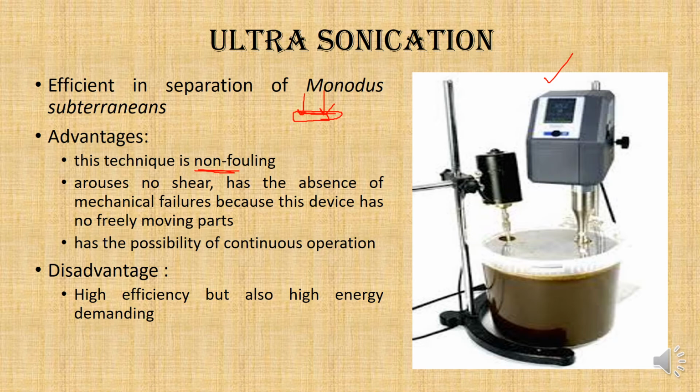So it not only reduces cost, but we can also prevent mechanical failures because few machines are needed. It is a continuous operation, and it is very highly efficient, as we have seen. But one disadvantage is that this highly efficient technique is also very energy demanding. This is the only drawback of ultrasonication.